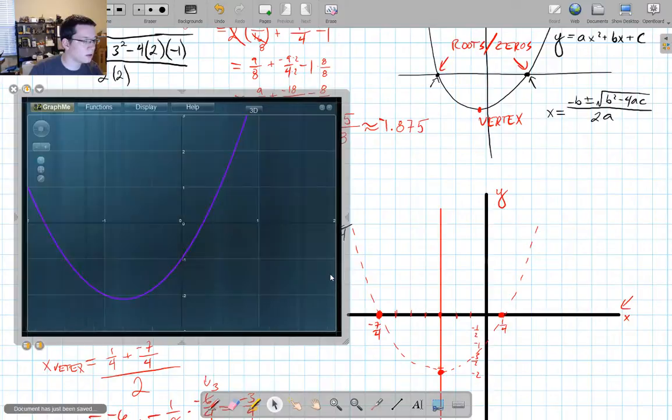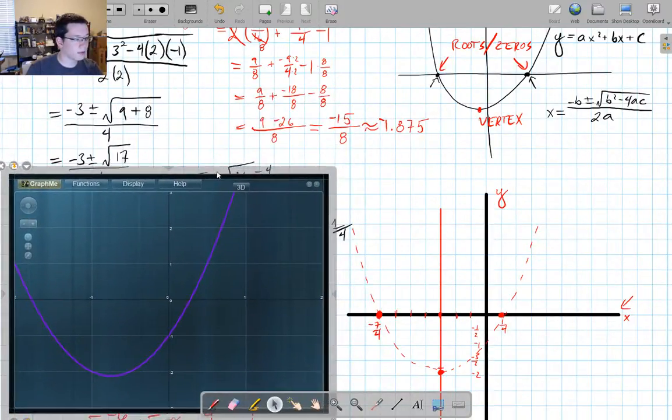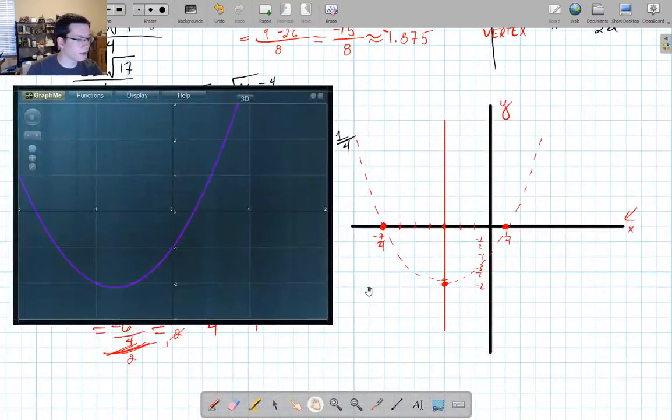Okay. And that's pretty much what our graph looks like, albeit theirs is prettier.